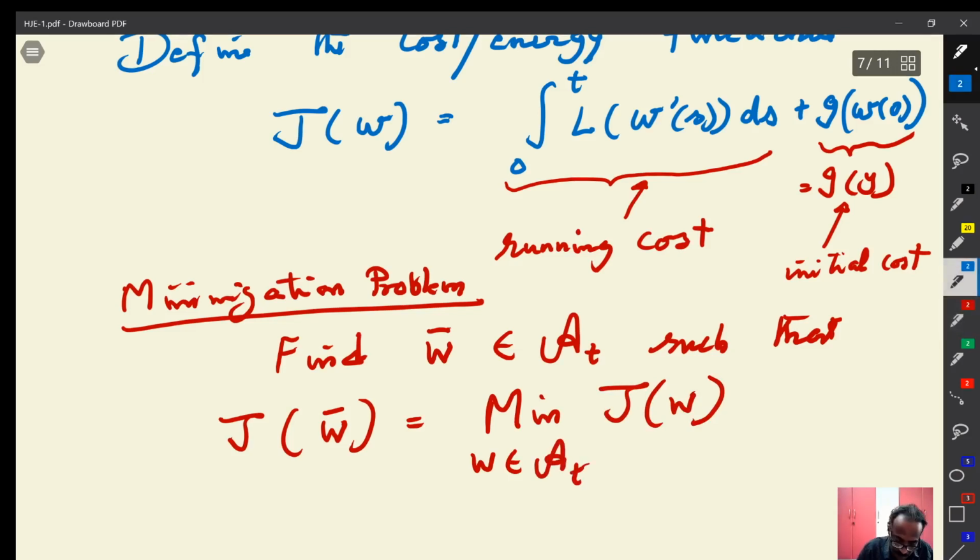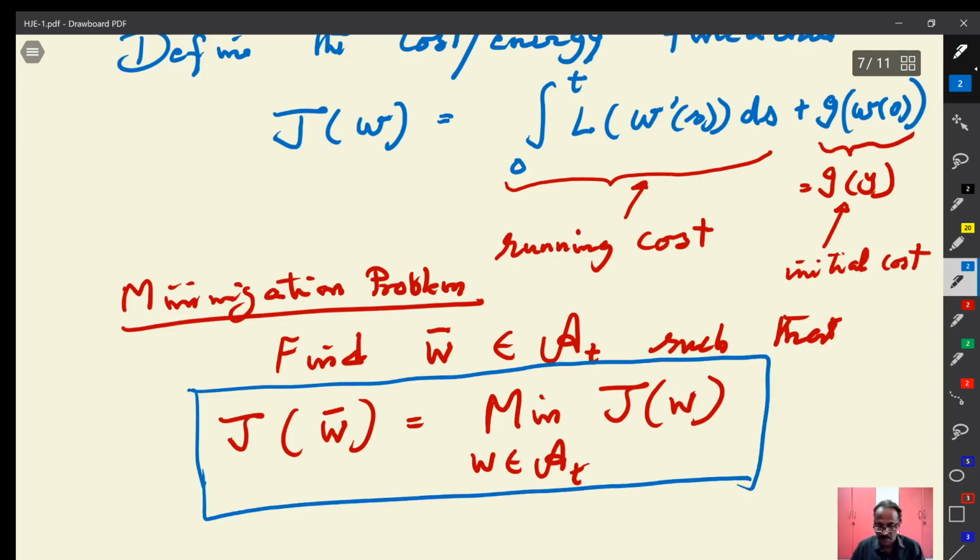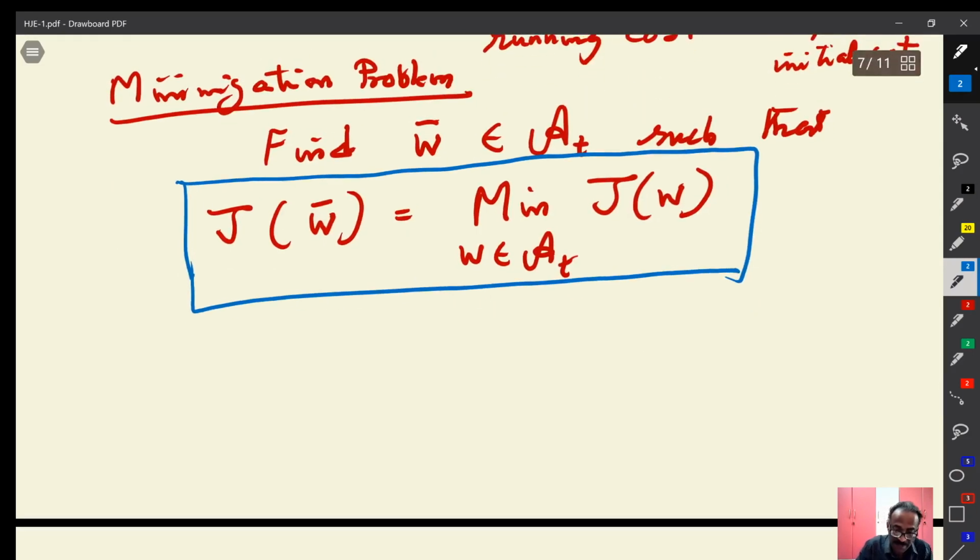This is your minimization problem. This is a calculus of variations problem where you want to minimize over the trajectories. And this depends on x and t.